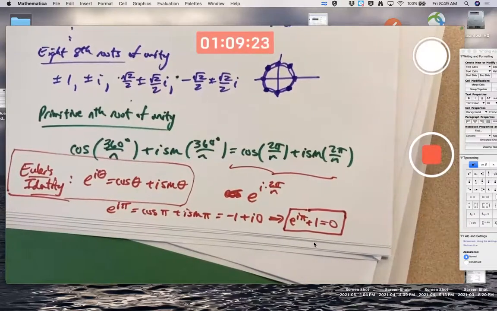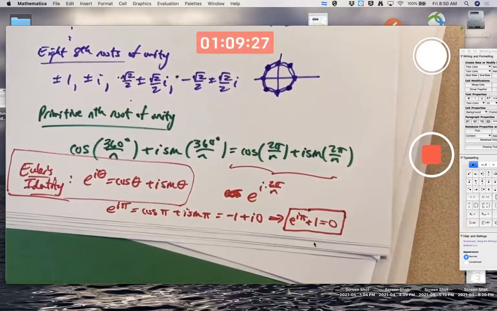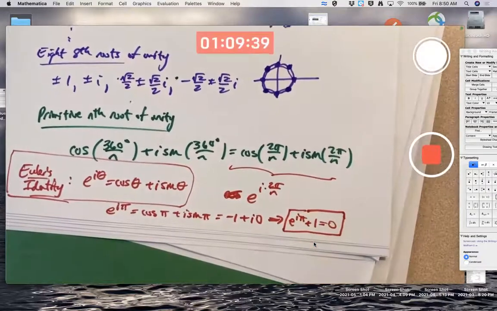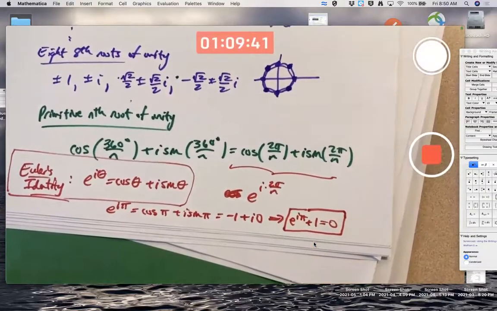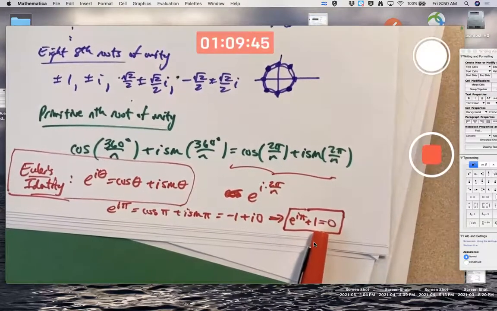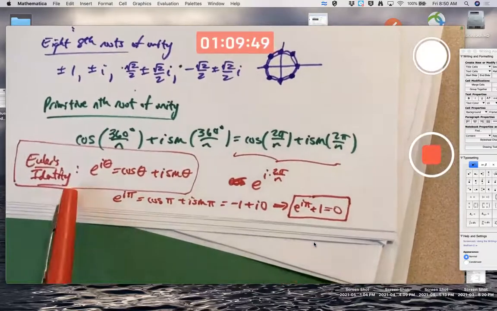Why? Because it's got the 5 most important numbers in the universe: 0, 1, e, i, and pi. It's got the 3 most important operations: addition, multiplication, and exponentiation. And it's got the most important equivalence relation, equals. Fun, fun, fun. The most beautiful equation in the universe comes from Euler's identity.